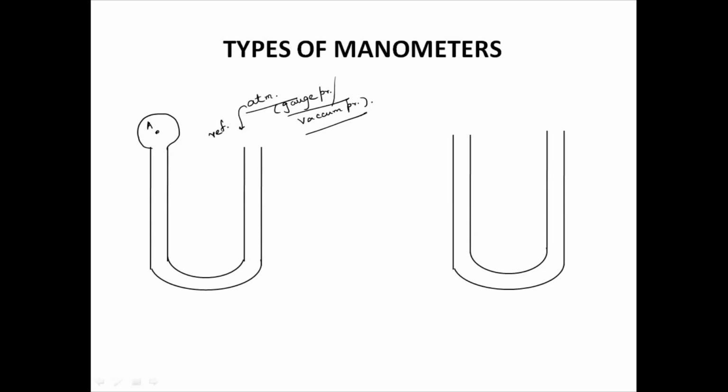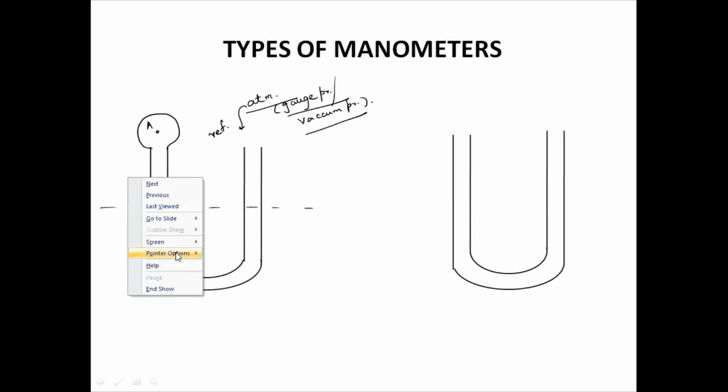Due to the pressure at A, in the case of the manometer, we are using one manometric fluid. Previously the fluid was in this way. How was it looking initially?